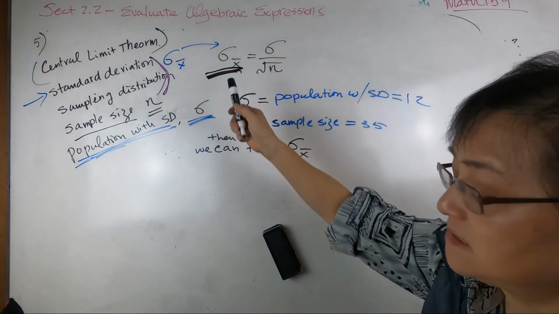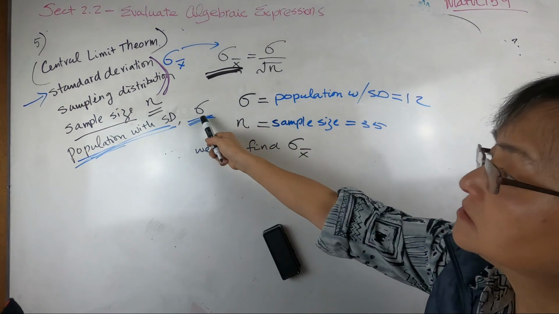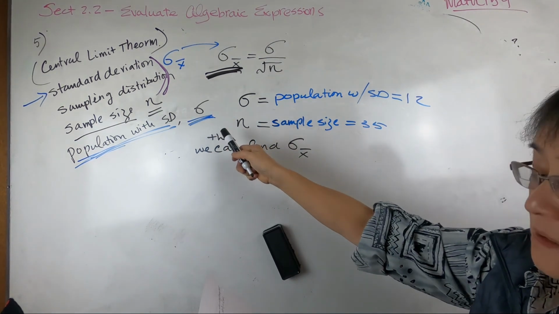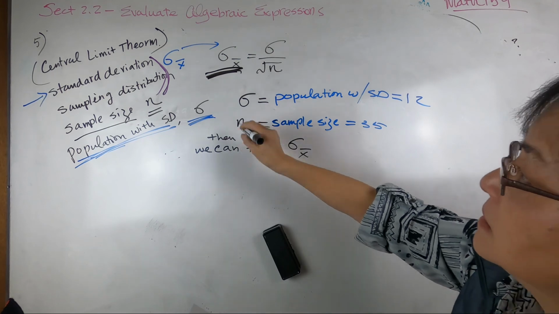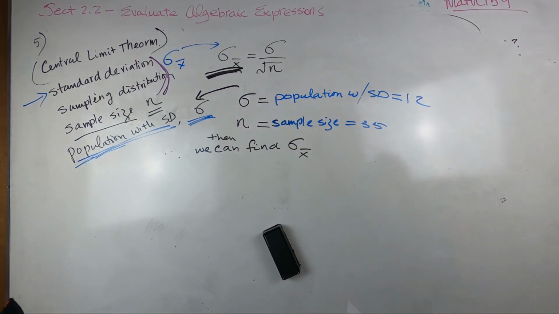We want you to find this, but according to the words, on the top, second line, population with standard deviation sigma. So it tells you sigma is the population standard deviation. Then n is the sample size. It says sample size 35.